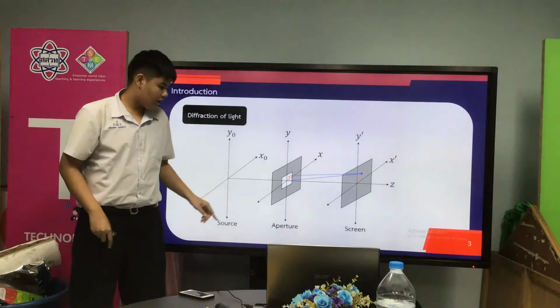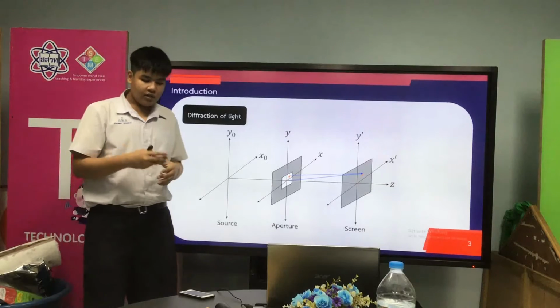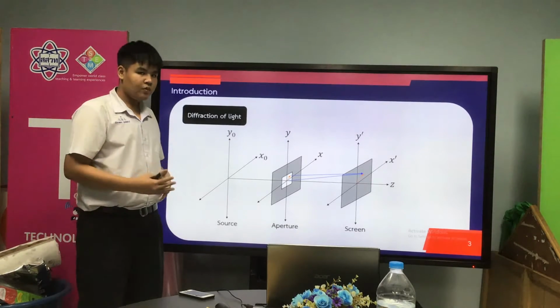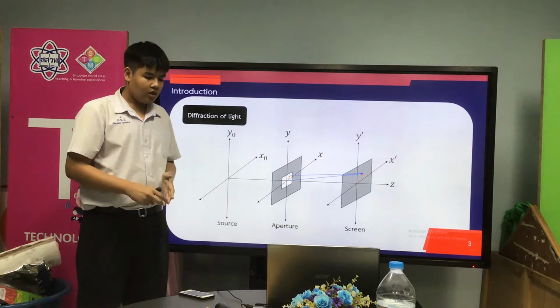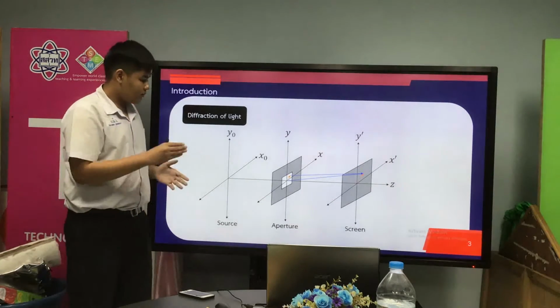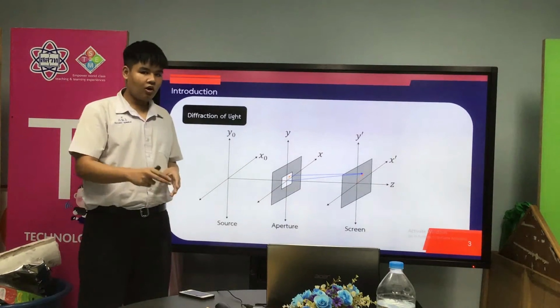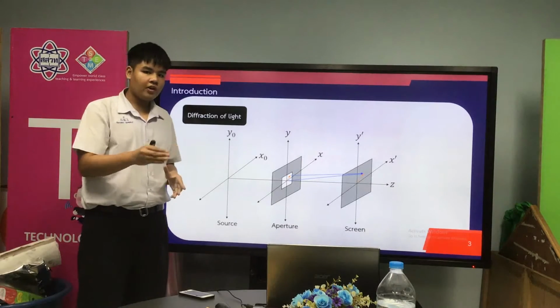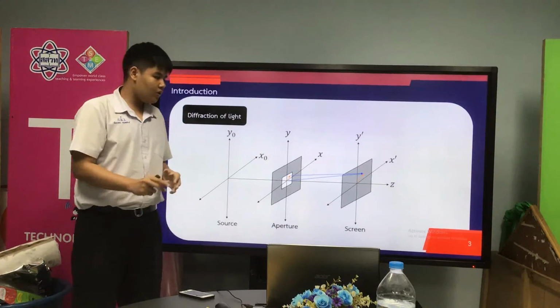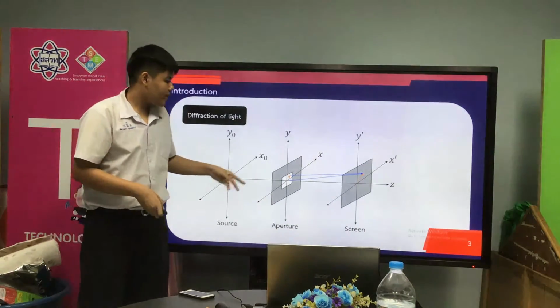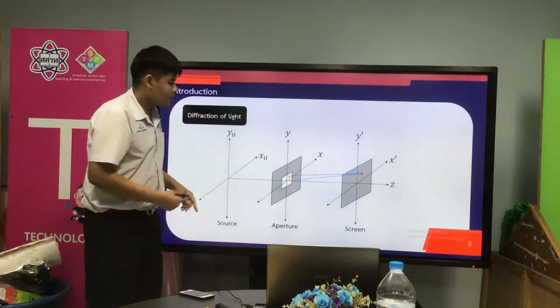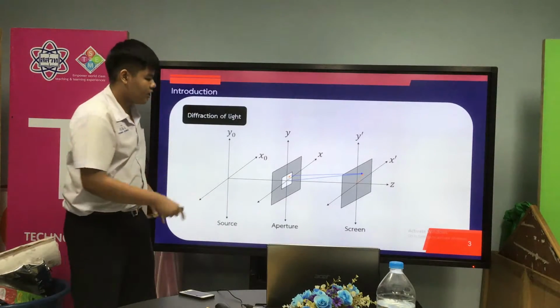In this picture, they show the aperture. That can be explained by the Huygens principle: each point of the diffracted wavefront will be a new source of wavefront, and the sum of all these wavefronts will be the new wavefront, which creates the interference pattern that we can observe in the x prime y prime coordinate at this point.